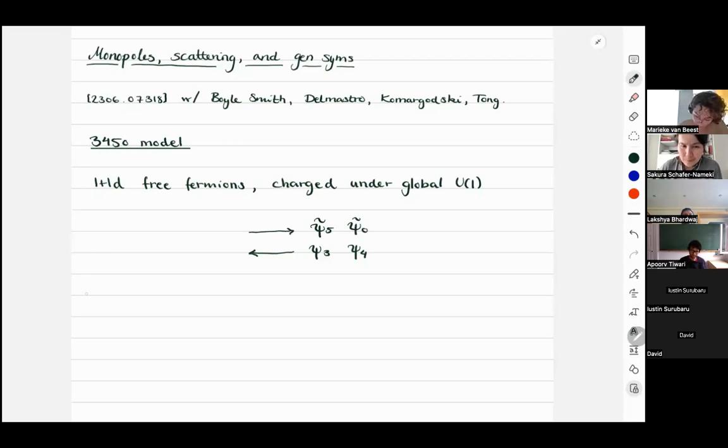And the reason why the charges have been chosen as they have is because this set of charges gives an anomaly-free symmetry, which is of course just because 3 squared plus 4 squared equals 5 squared plus 0 squared.